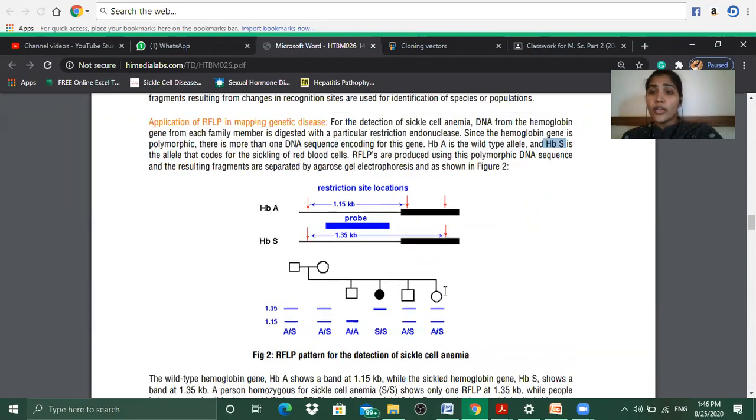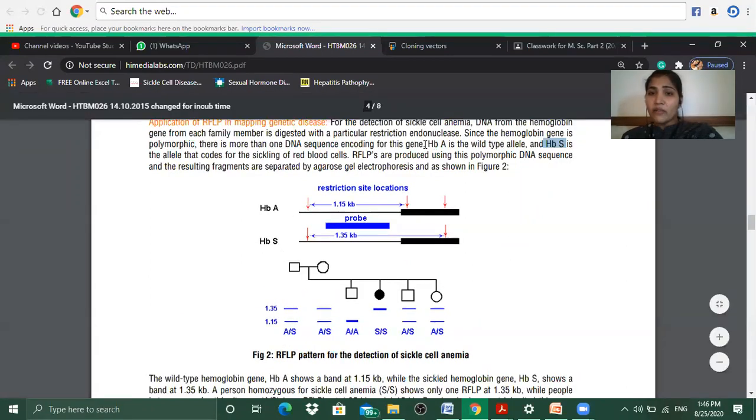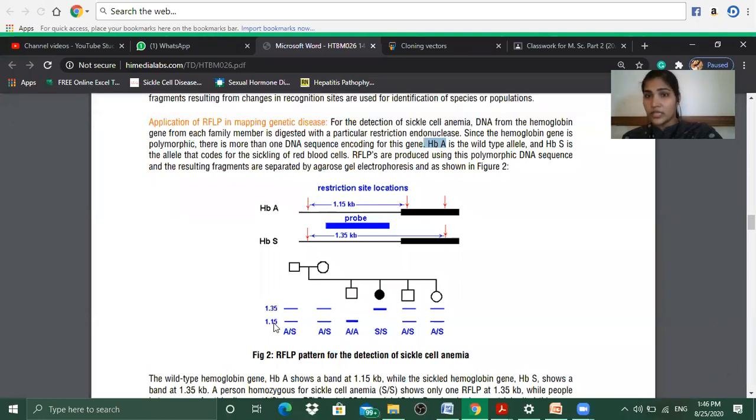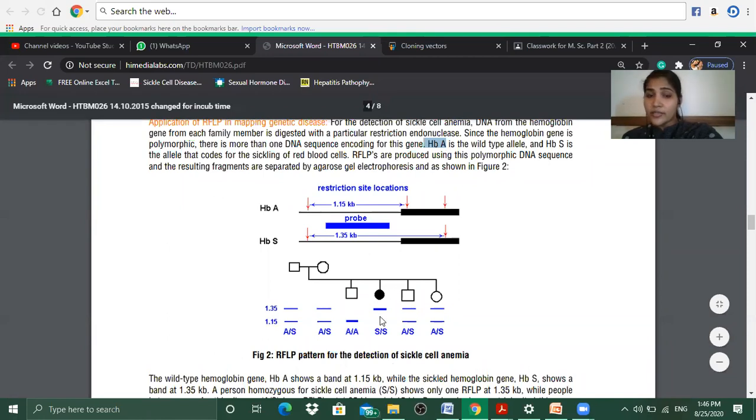Okay? So what I want to tell you over here is that, see, when you have a wild type, you will get the DNA fragment of 1.15 kilobase pairs only. Okay? When you have a wild type. So when you have both the alleles present, you will get the DNA fragments of both the lengths, that is 1.35 kilobase pairs and 1.15 kilobase pairs.